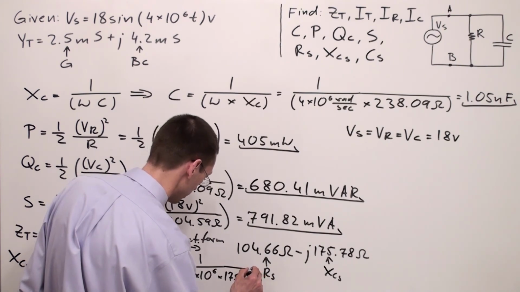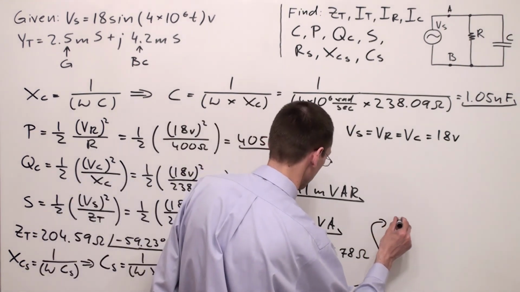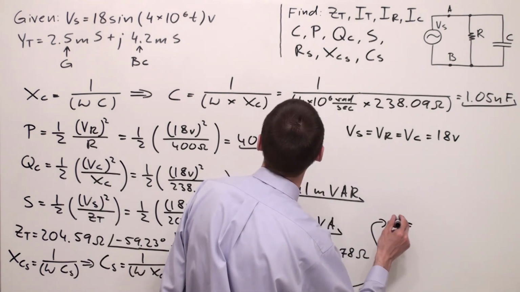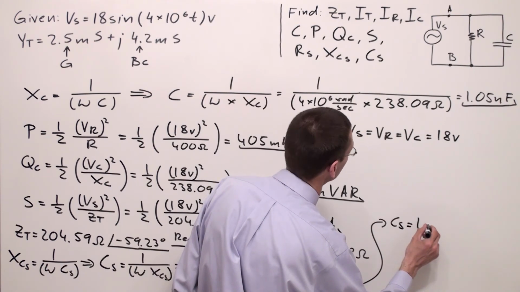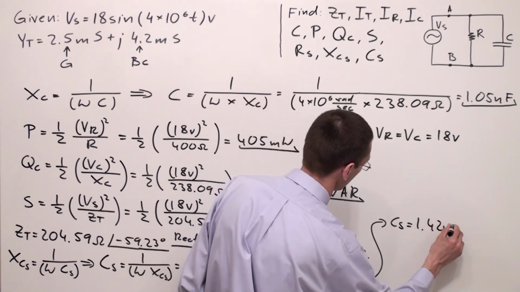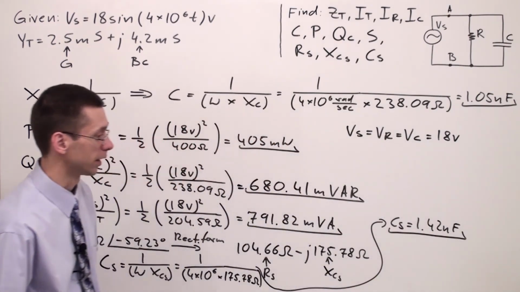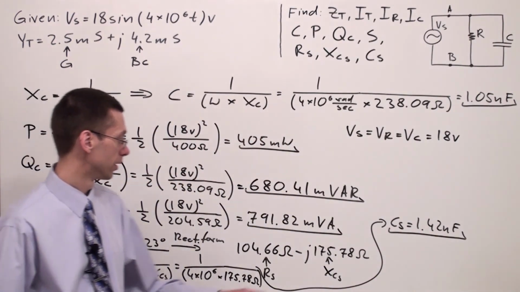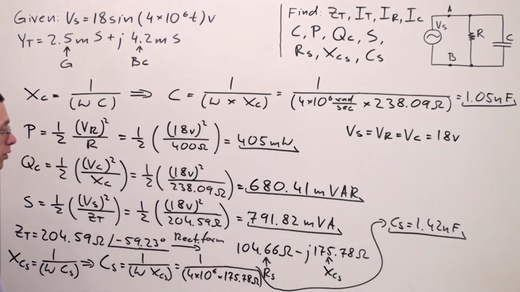Okay, I'm going to write my result over here. So I have C_S equal to 1.42 nanofarads. Okay, so this is the capacitance in my series circuit.